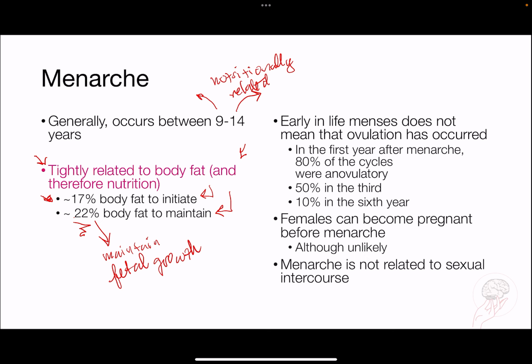So early in life, menses does not mean that ovulation has occurred. In the first year after menarche, 80% of the cycles are anovulatory, meaning there was no egg.